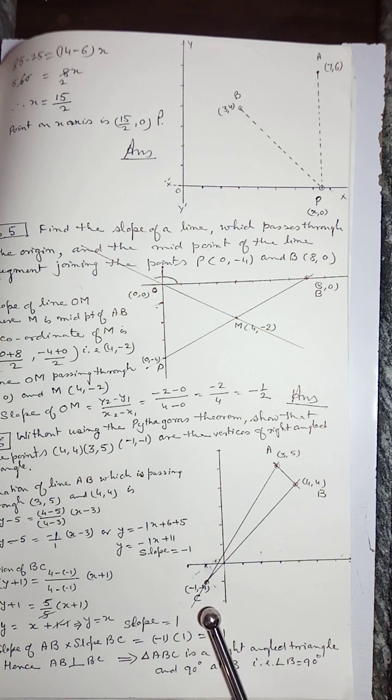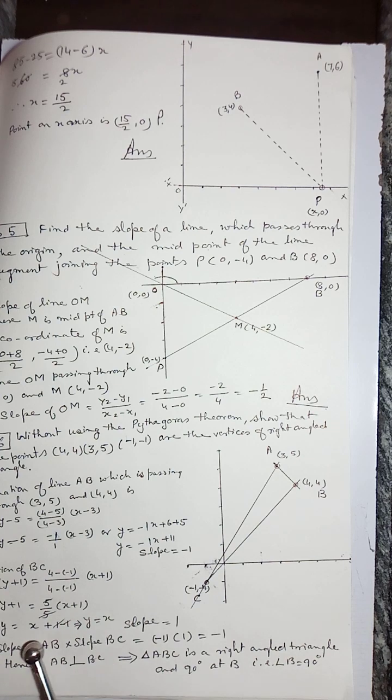Minus 1 and minus 1 is the coordinate of the point C. So y plus 1, because y minus y1, here y1 is minus 1, so it becomes plus. (4 minus minus 1) upon (4 minus minus 1) in bracket (x minus x1), that is equal to, x1 is minus 1, therefore we have made it x plus 1. y plus 1 is equal to 5 by 5 into (x plus 1). So y is equal to x.